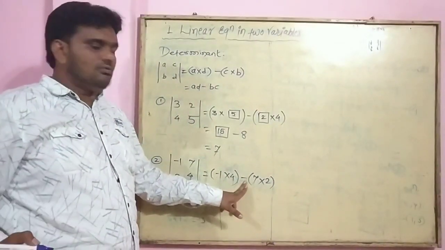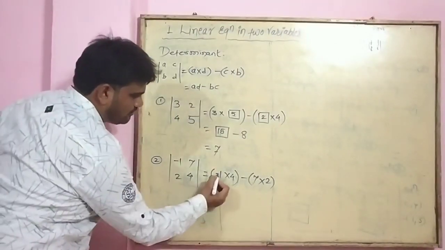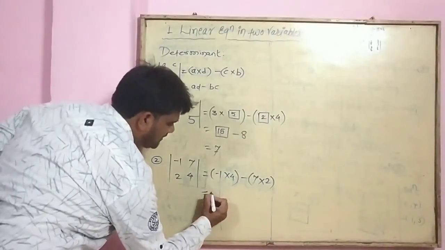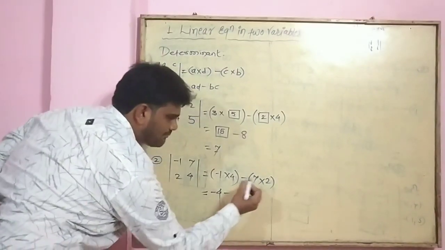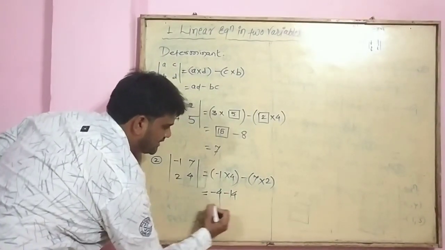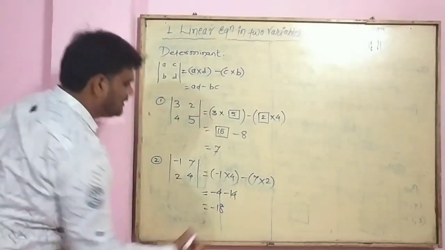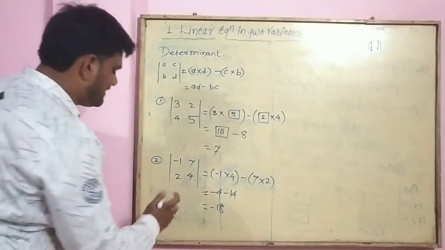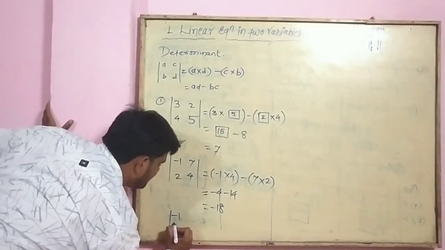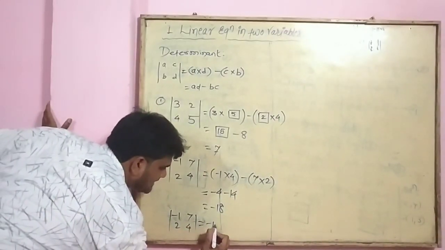Don't forget to write the minus sign here. Minus 1 into 4 is minus 4. Minus 7 into 2 is minus 14, meaning minus 18. Therefore, the value of this determinant is minus 18. You can finally write minus 1, 7, 2, 4 is equal to minus 18.